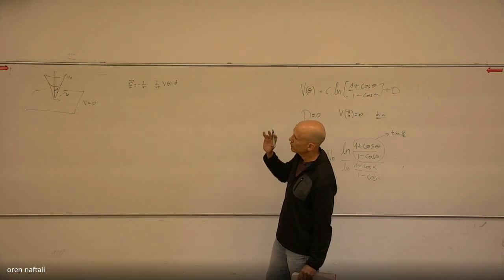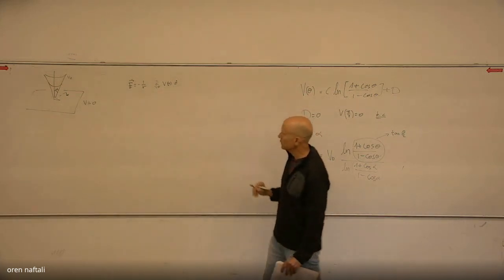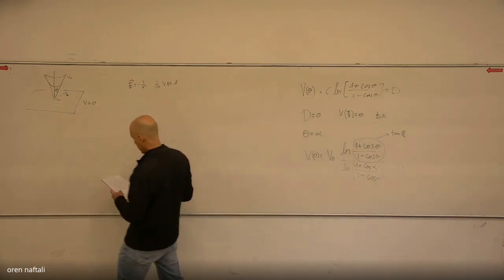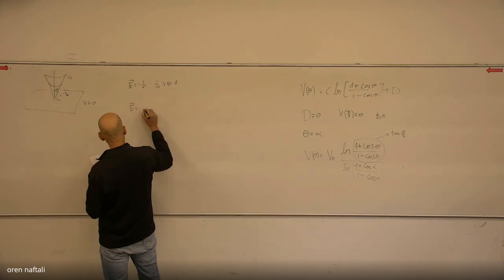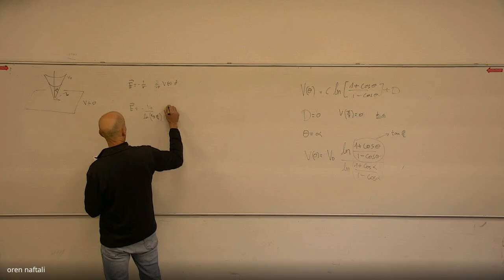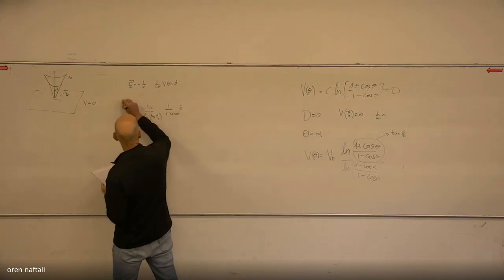And yeah, well, it depends if V0 is positive or negative, but I think you understand what I'm saying. And then if you plug it in here, what you get is that E is the following, minus V0 over log tangent alpha over 2, times 1 over R sine theta, in the direction theta. I'm not doing the derivatives.